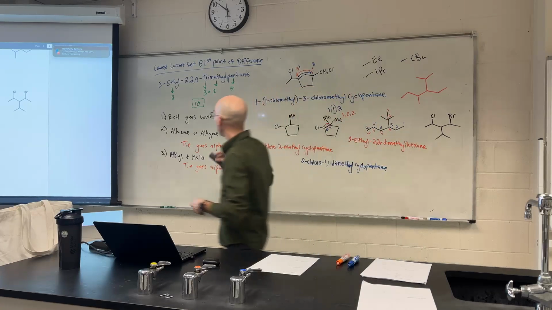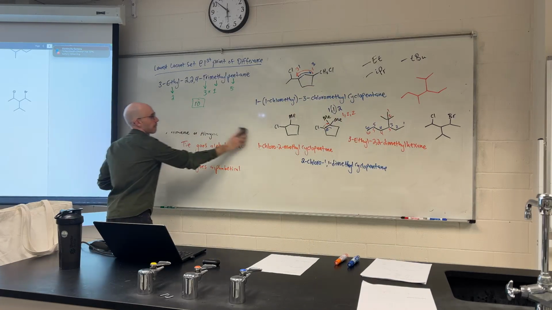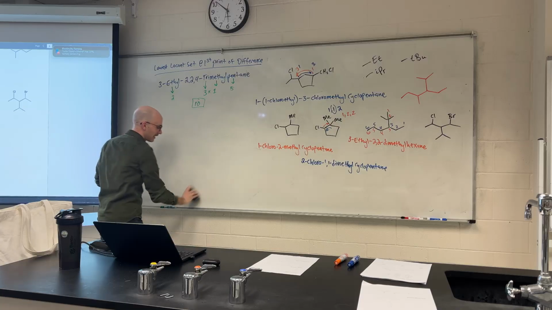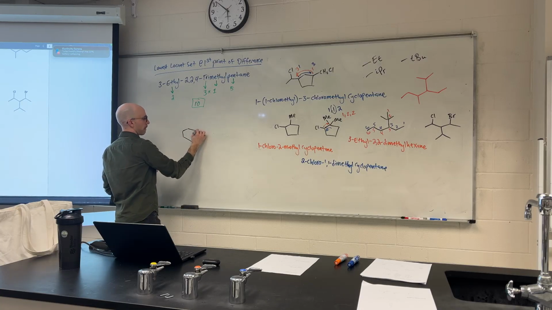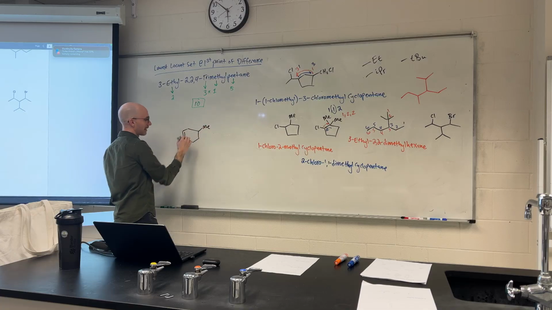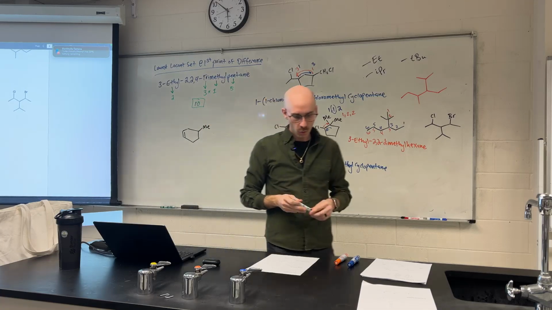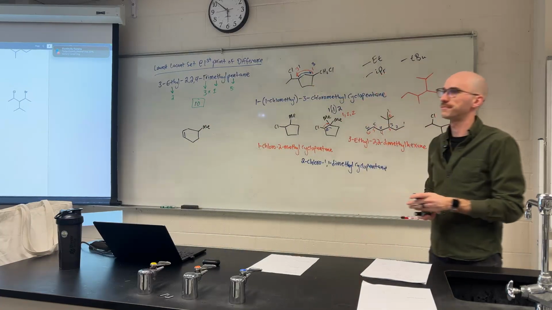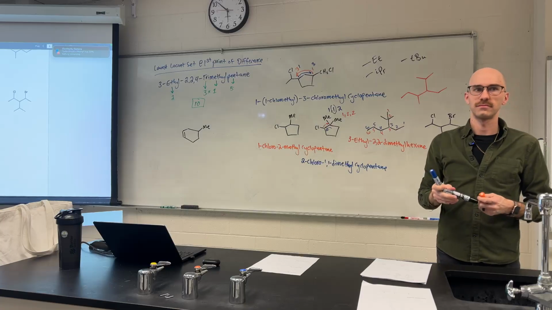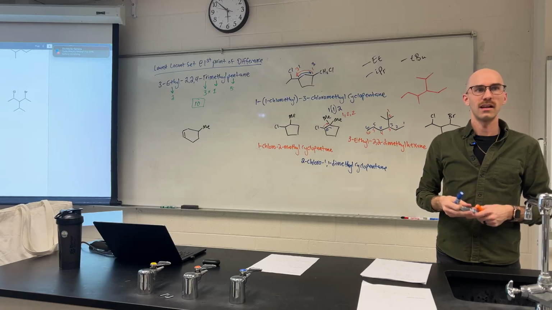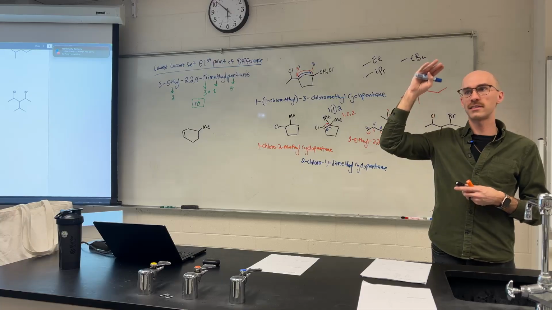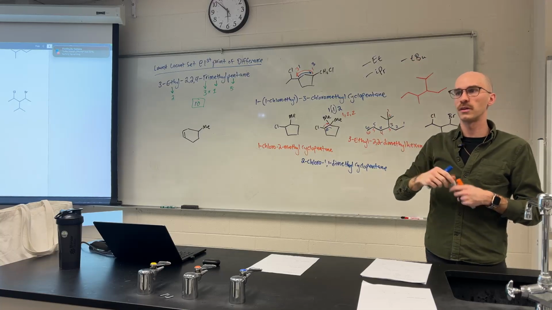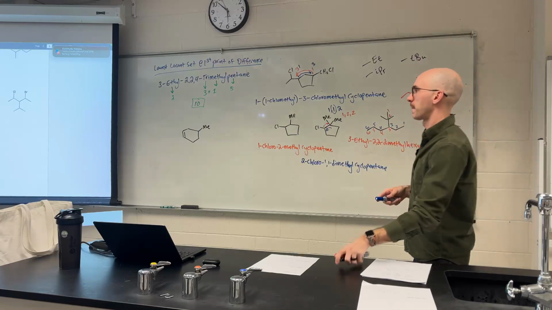So we've got this 6-membered ring that has an alkene and a methyl group. Since I'm on a ring, I can start anywhere I want to. Where might be a good spot to start? At one of the positions with the alkene, since the alkene is the second highest priority functional group of the ones that we're looking at.